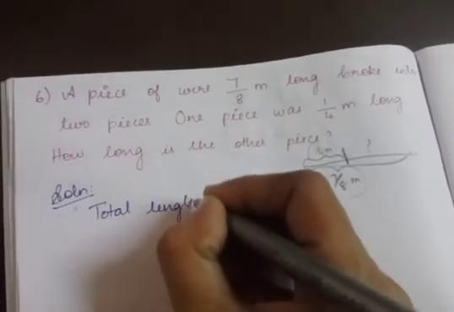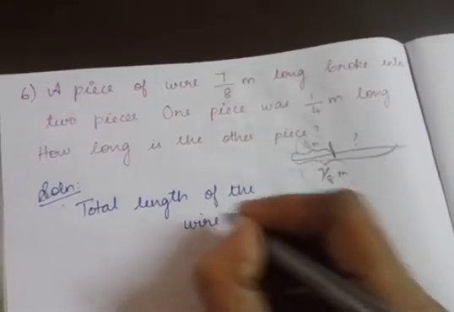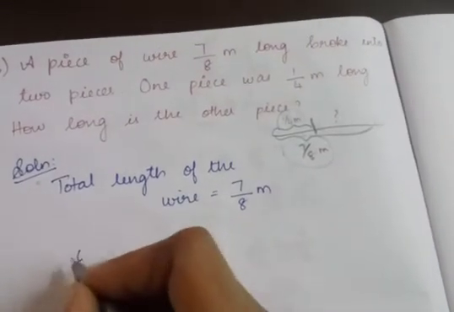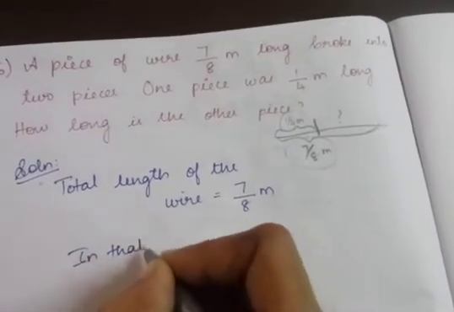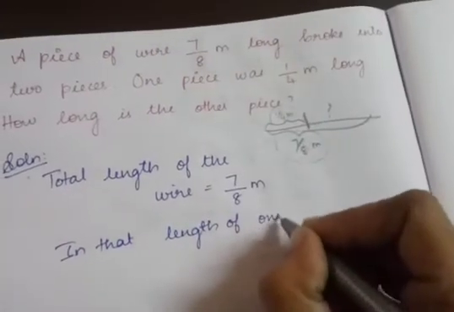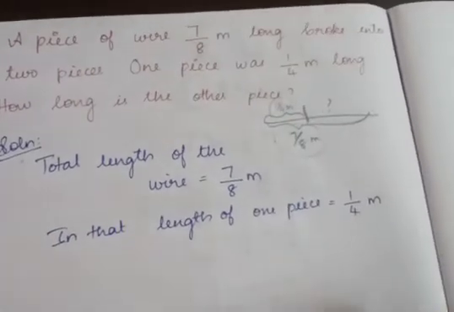Total length of the wire. Total length of the wire is how much? 7 by 8 meter. In that, length of one piece is 1 by 4 meter. Yes.